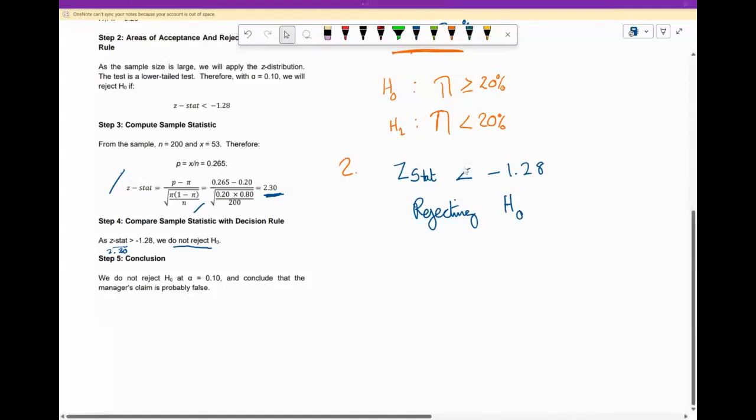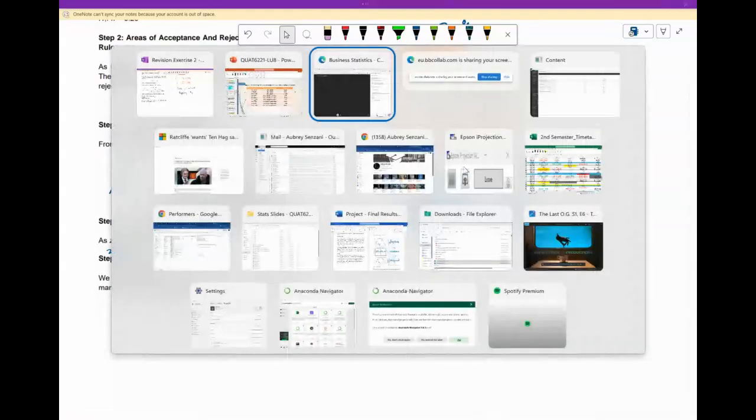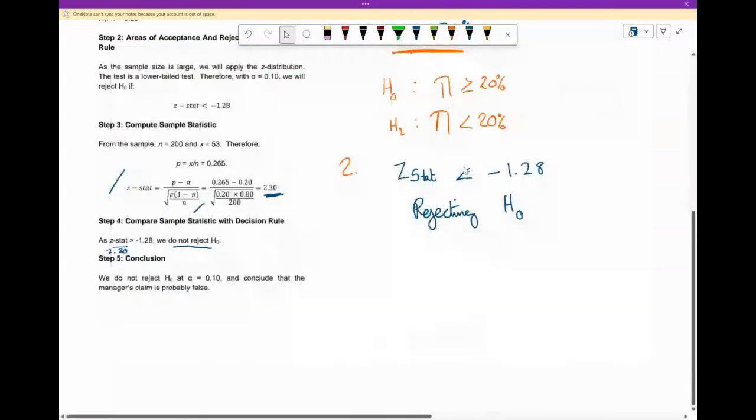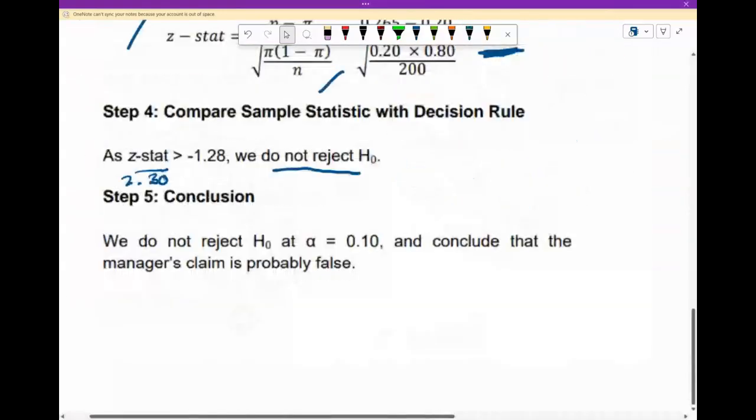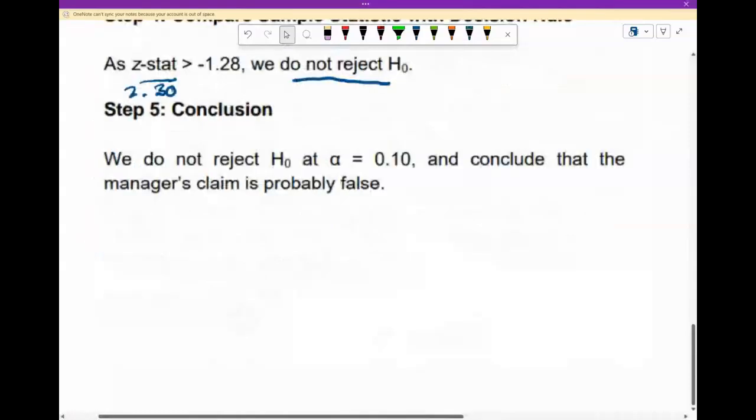We're accepting it. What's the conclusion, sir? Step number 5 is your conclusion. You'll find instances where they either say we do not reject, or they say we accept H0. Here you can see at a level of significance of 10%.